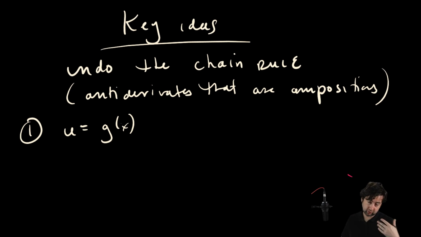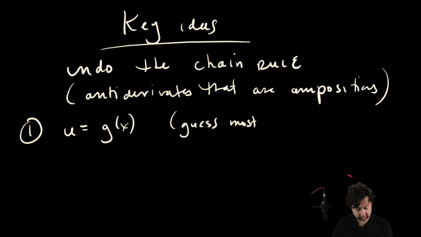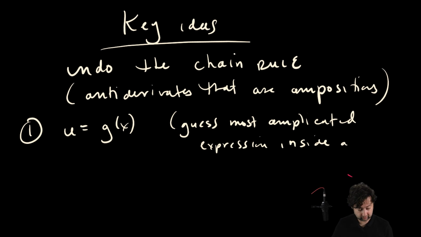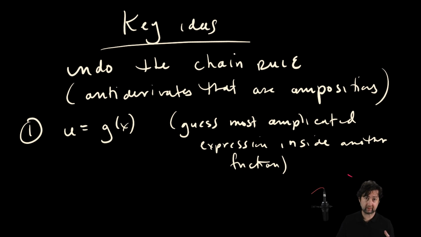And typically when we're finding a u to guess in an integral, what we do is we guess the most complicated expression inside another function. I'll highlight that when we start computing examples and show you what your guessing strategy should be. But remember, we're working with compositions and trying to undo them, so typically the most complicated expression that you see in an integral is going to be the piece that was composed in the original function that the derivative was taken of.